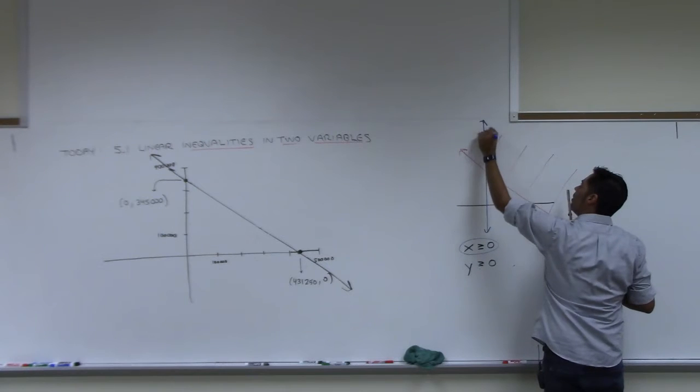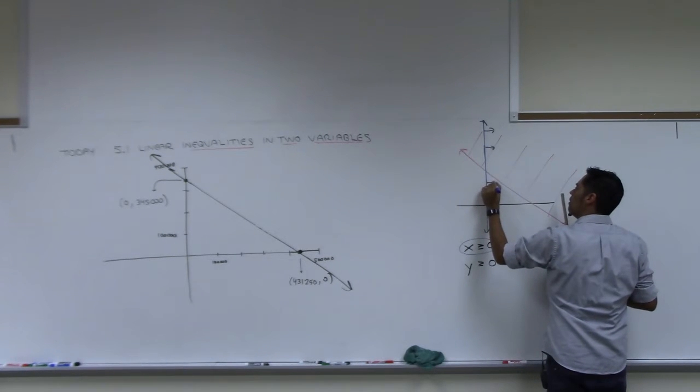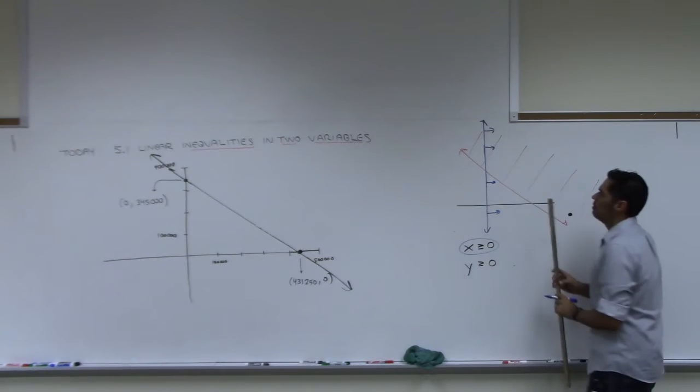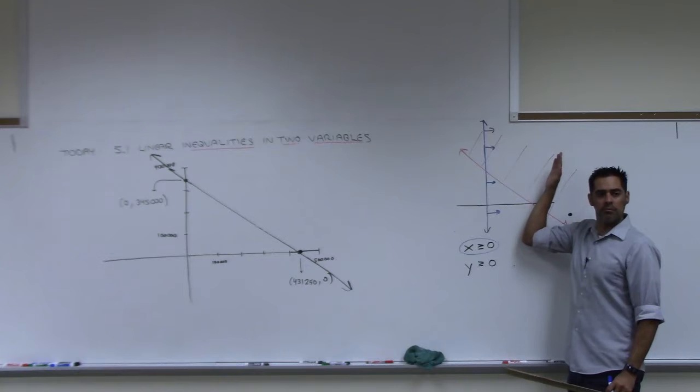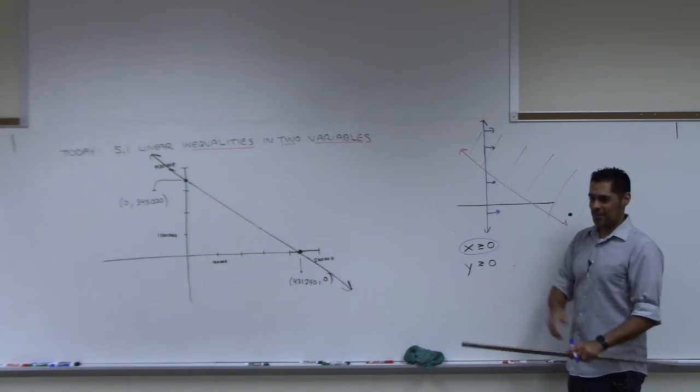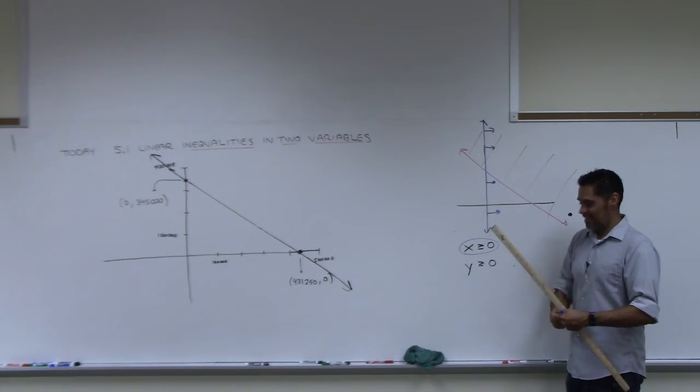And I'm going to draw arrows going out this way, like this. Do y'all see that? Wouldn't that mean x is bigger than 0? You all right? Yeah, okay.